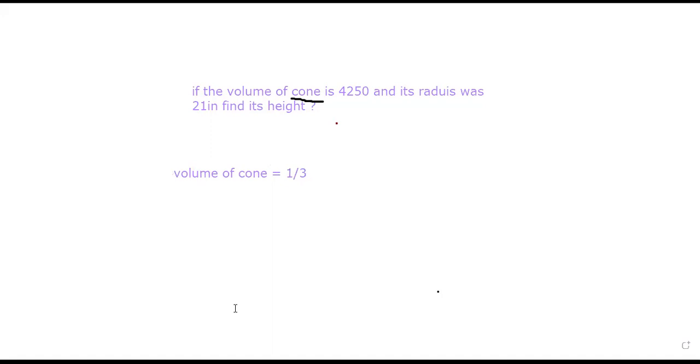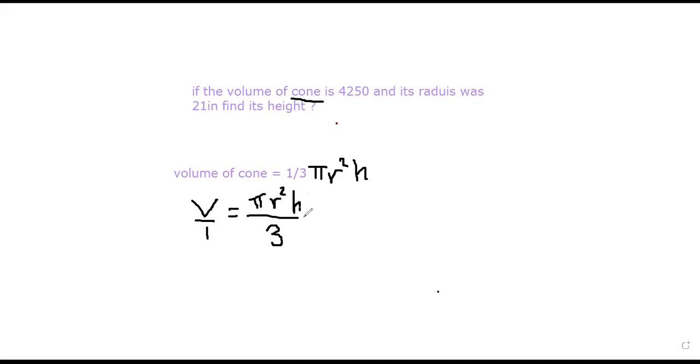So we have one third pi r squared, which is the area of the base, times height. And as I said, if you want to write it like volume equals pi r squared times height over 3, right? So we will make what, grade 8?